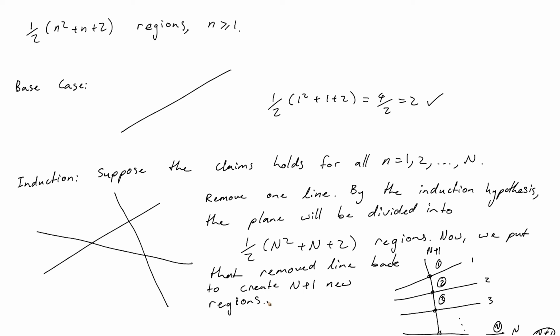So what will this mean? All right, so now the total number of regions was this, which we had before. And then to this, once we added that line again, we've created N plus 1 new regions. Okay, now I can factor out a half, so let's multiply this by 1, factor out the half, and then inside here we have N squared plus 3N plus 4.